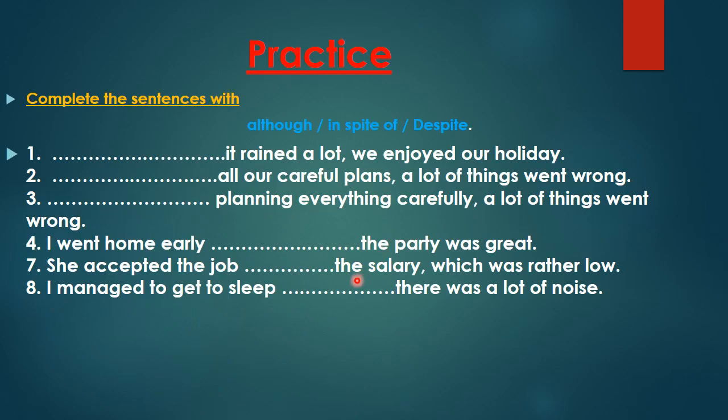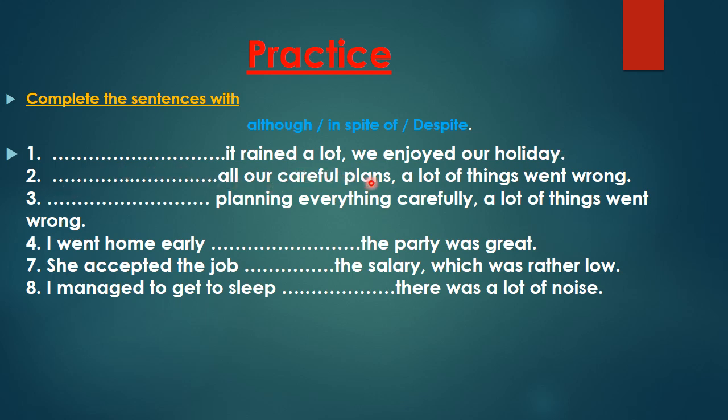Now let's move to practice. I want you to complete the sentences with although, in spite of, or despite. It rained a lot. We enjoyed our holiday. Sentence number 2.